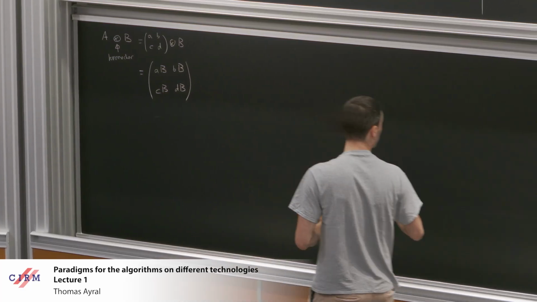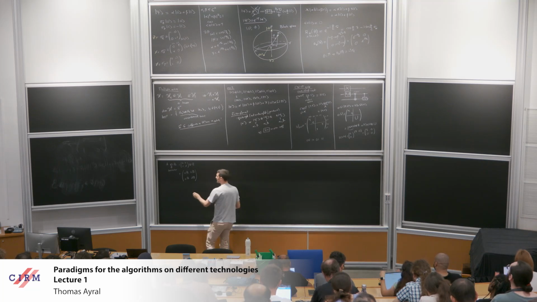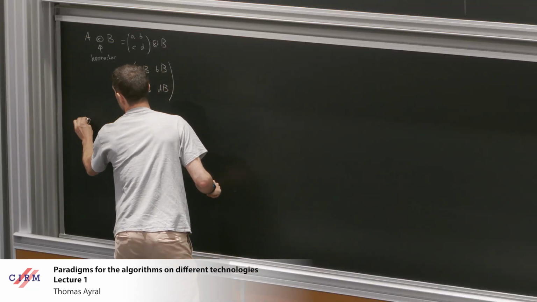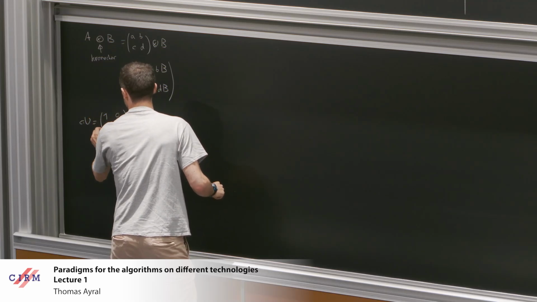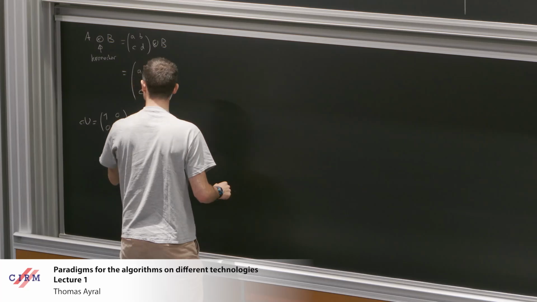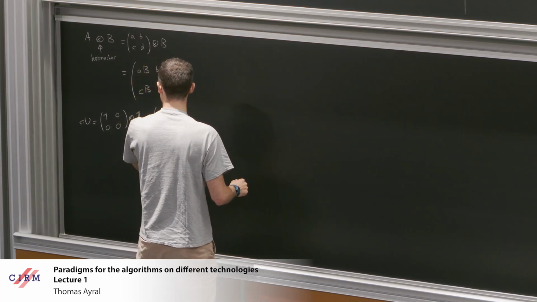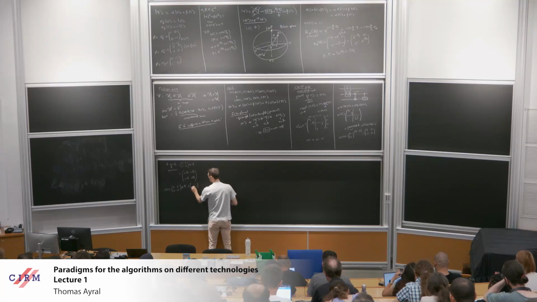And we can check that it works for what I told you here. I hope it works. So if I do CU, and I say it's 0, 0. So 0, 0 we said was 1, 0 cross identity plus 1, 1 and 1, 1. I can convince you easily by the same computation.